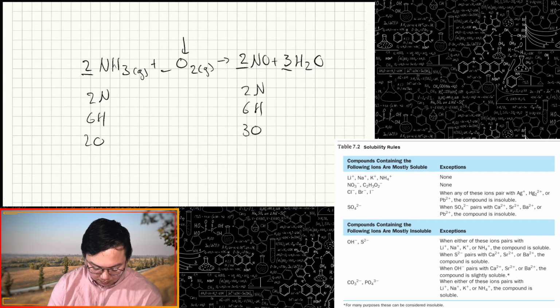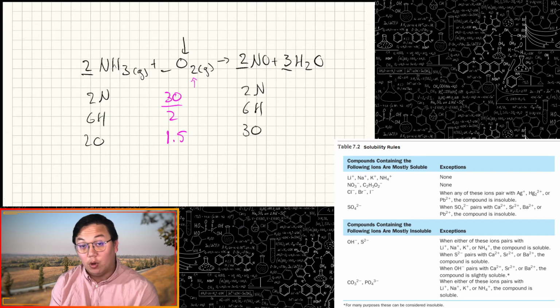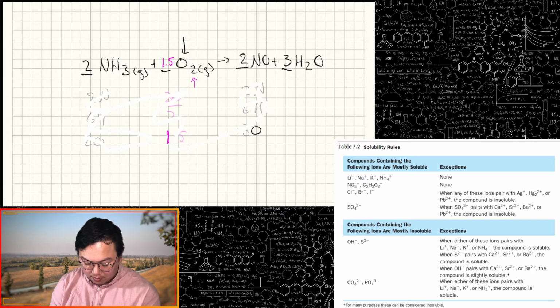Since we have O2, we need to do 3 oxygens divided by 2 because of this O2. So we'll get 1.5. And that kind of makes sense too, right? If you have 1.5 O2s, that's 3. So put 1.5 in there, which tells us that we need to multiply everything by 2.